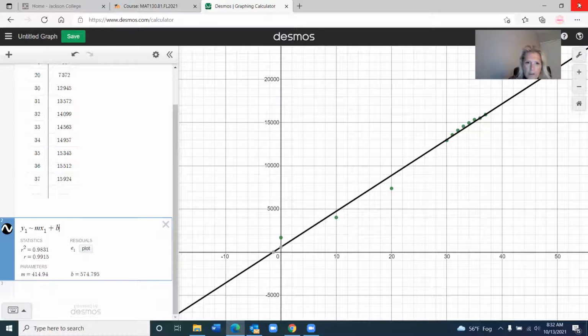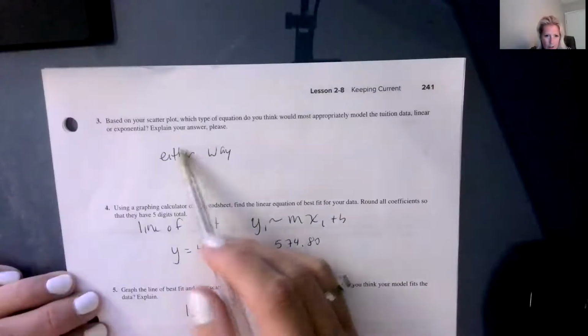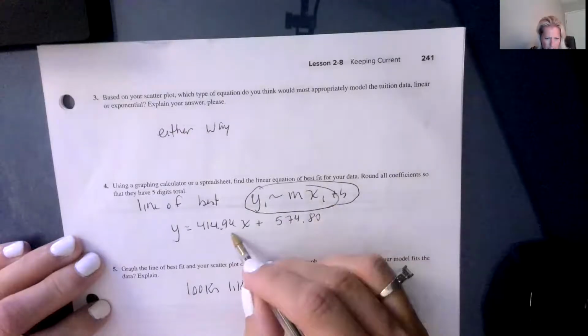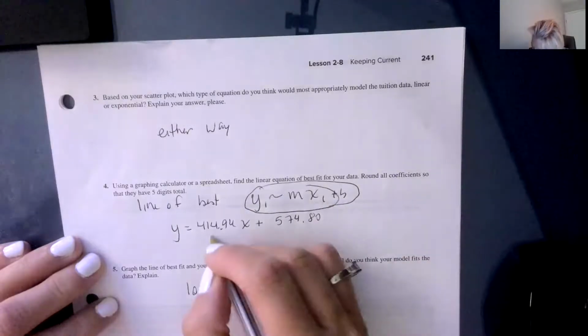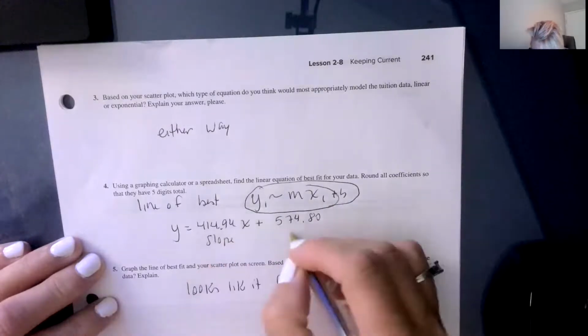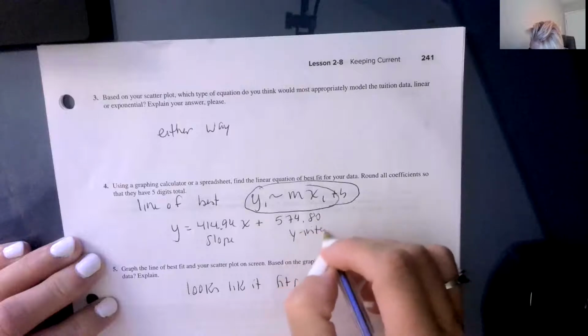Okay, and I'm going to go back to my paper so that you can all see what I'm writing here for the different answers. So I said it could go either way. Here's what we type in Desmos to get our line of best fit, linear. There is our slope and our y-intercept.